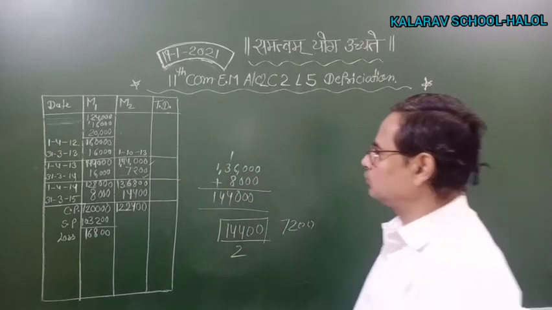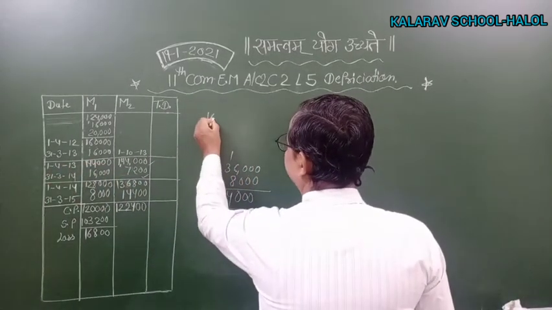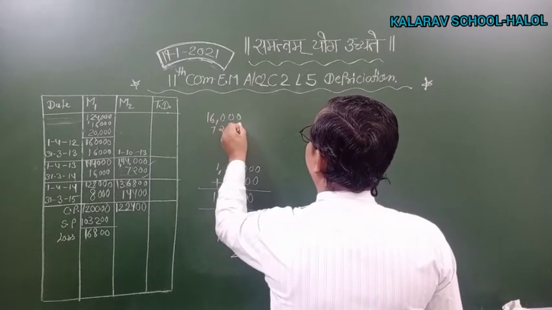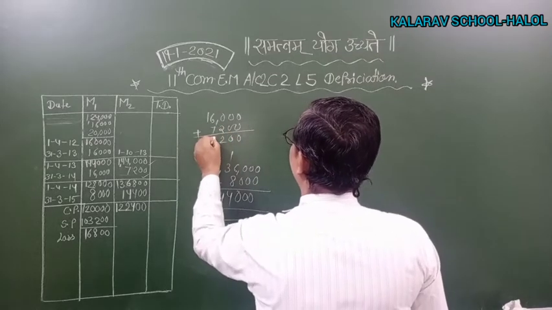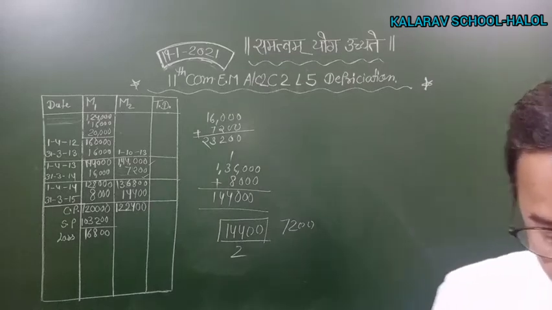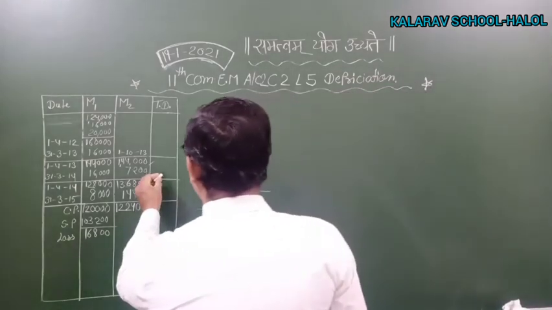Is it clear? So in the financial year 13-14, your total depreciation is 16,000 and 7,200. If you add these, it is 23,200, the depreciation in the second year.